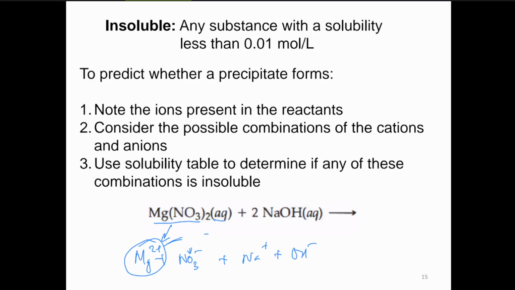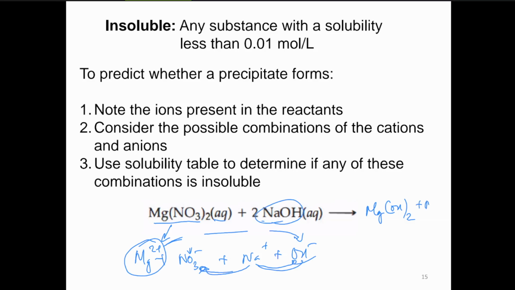You can have a second possibility to combine with OH minus. So in this case, you will produce magnesium hydroxide, Mg(OH)2. The same for the sodium. The sodium can combine with OH, and also combine with nitrate. If we combine with the OH, you have the reactant. So you can expect a combination with the nitrate.